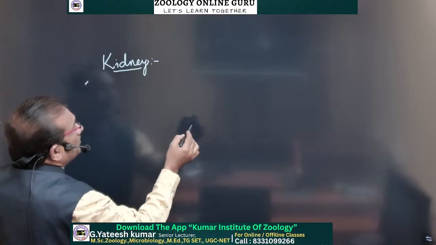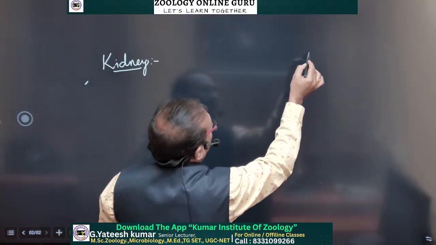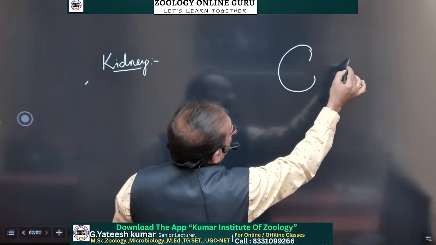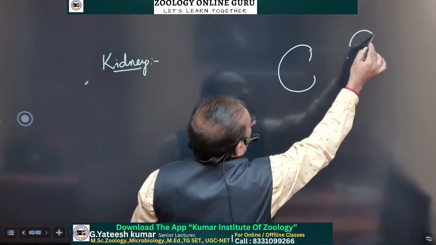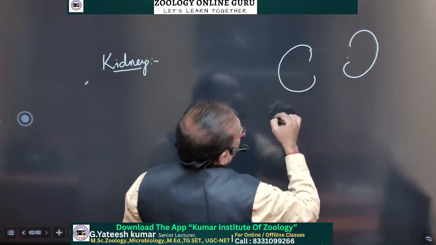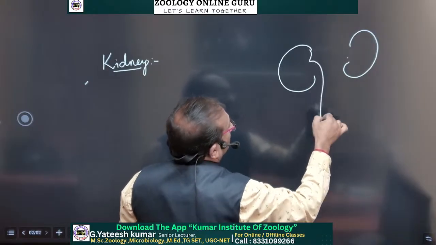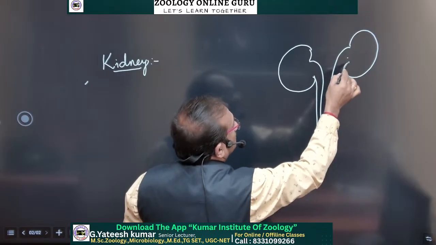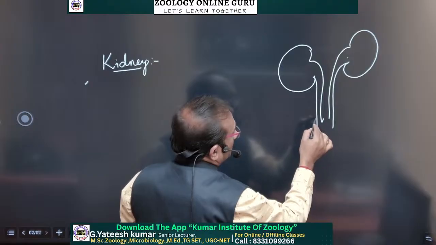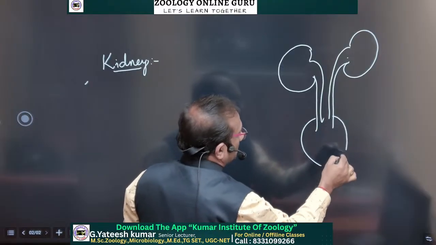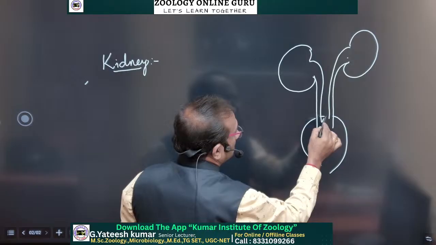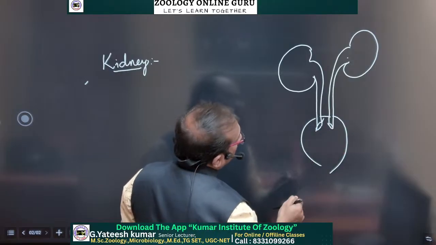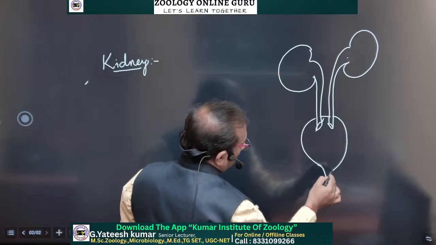Okay, in humans, two kidneys are present: the right kidney and the left kidney. From the kidneys, the ureters come out, and there is a single urinary bladder and a single urethra.